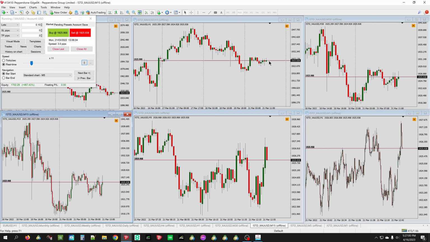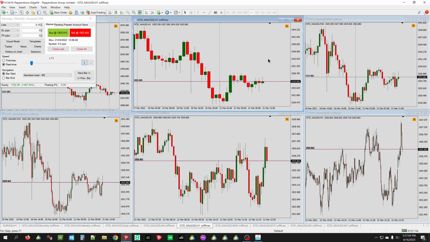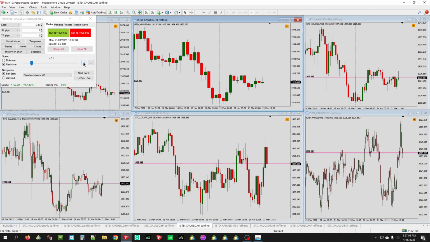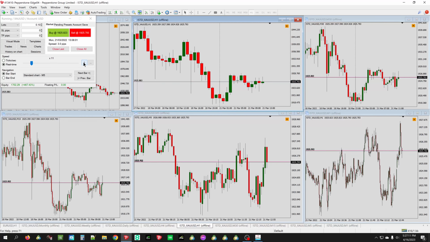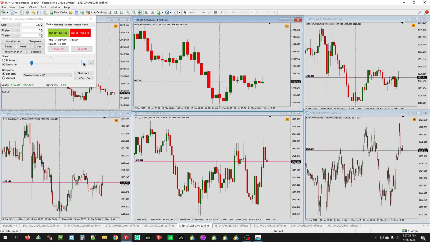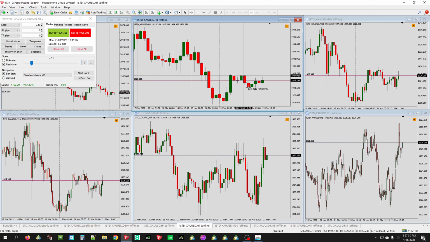Now we are breaking above the previous H1 candle high. We got rejected, which essentially means that there is nothing in here right now.